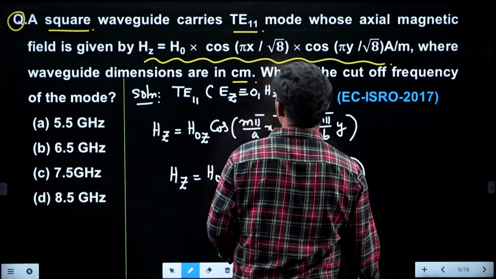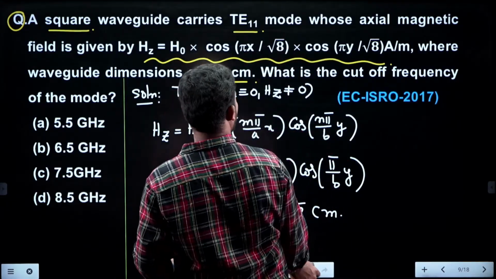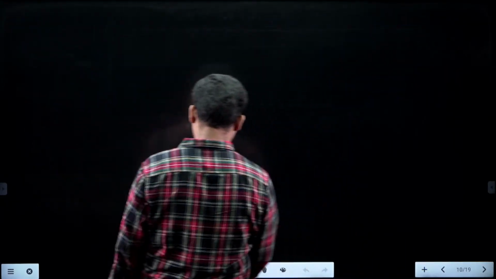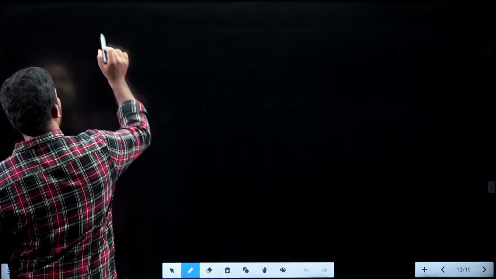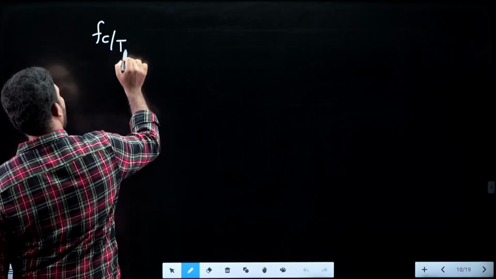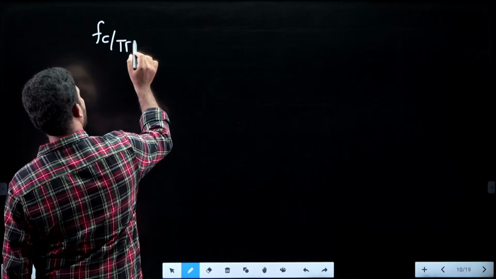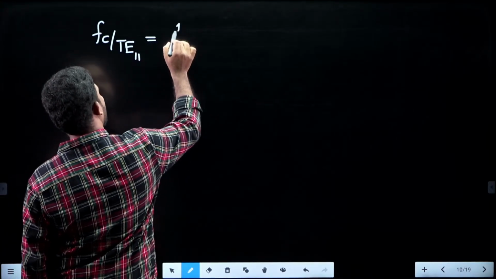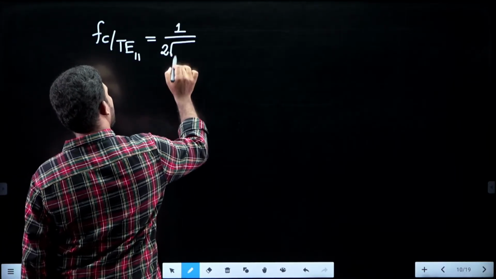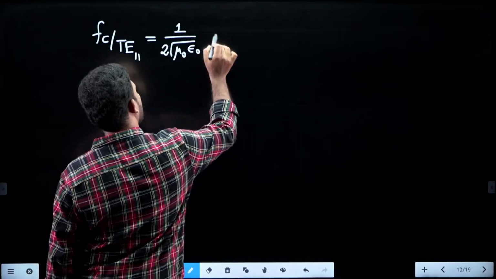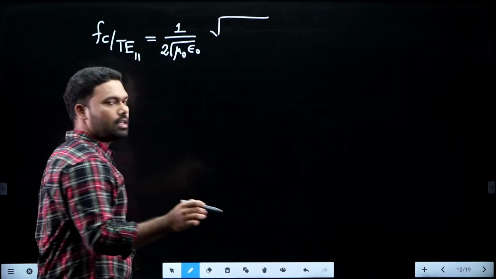So he is asking what is the cutoff frequency. What is the cutoff frequency, guys? FC TE11. So you are comparing with the standard form and you are obtaining the dimensions. It is 1 by 2 mu naught epsilon naught square root of a square plus b square by a into b.